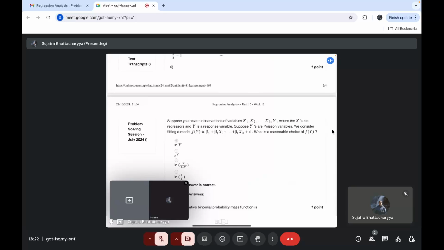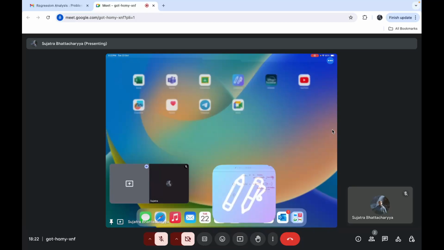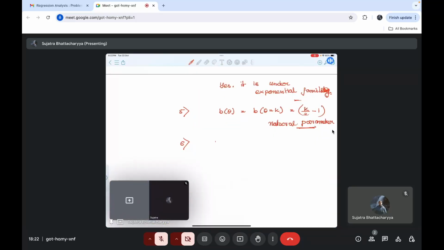And for a Poisson variable as y, the link function is as we have discussed. So for the Poisson distribution, the link function is your f of y, which is equal to log of y.